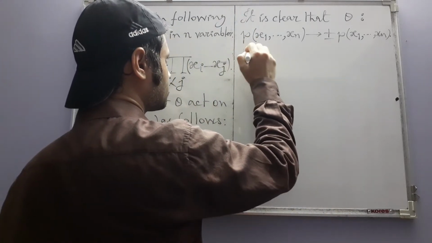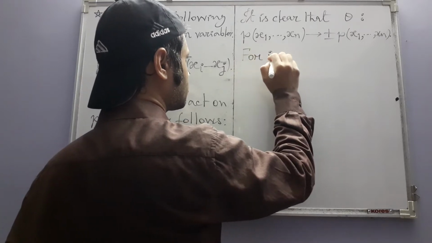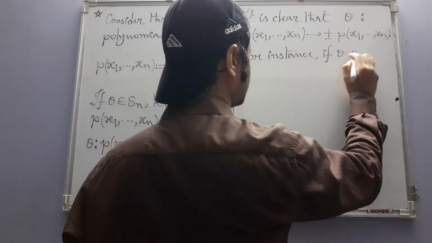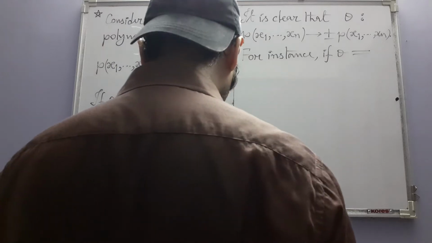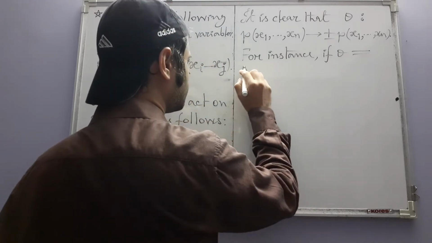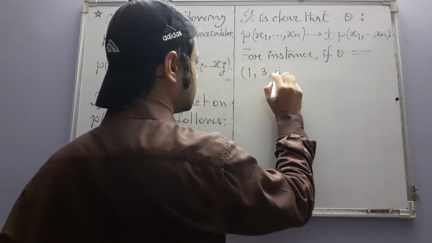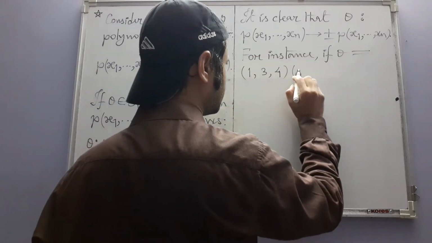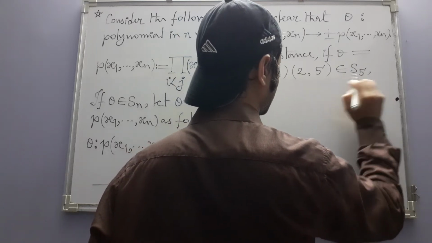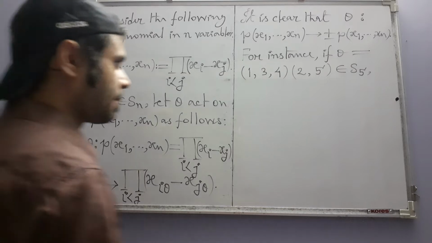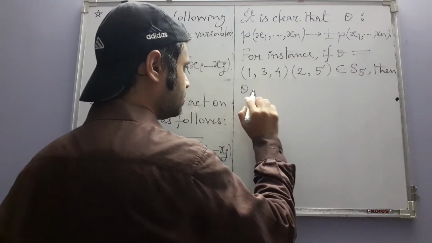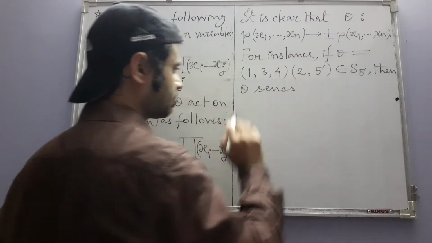For instance, if our theta is this permutation 1, 3, 4, this 3 cycle multiplied by the 2 cycle in S5, then theta sends our polynomial.